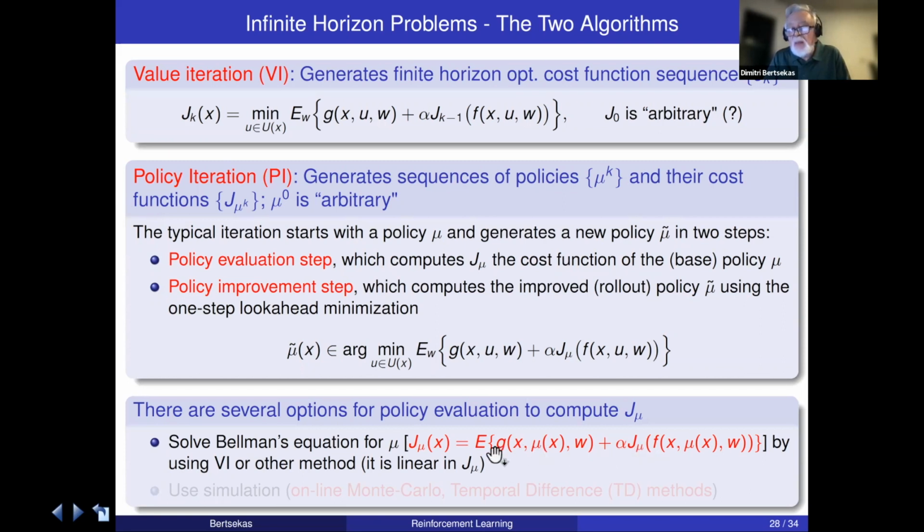Of course, when the number of states is very large, this is a very large system of equations, which is why we may want to use approximation in value space or some kind of approximation method to solve this equation approximately.